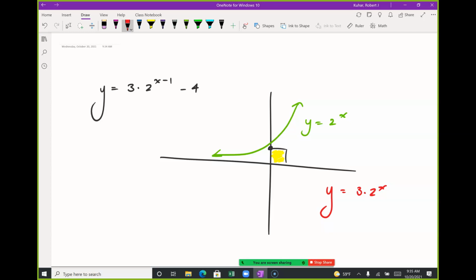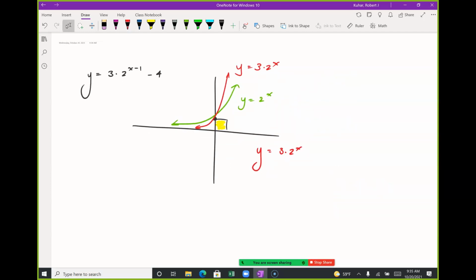Shifts it up 3. Yep, stretches it. So there's my function y equals 3 times 2 to the x. And now where does my box move? Down 4, oh yeah, my bad, 4.